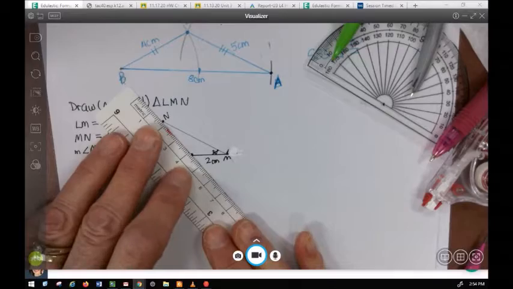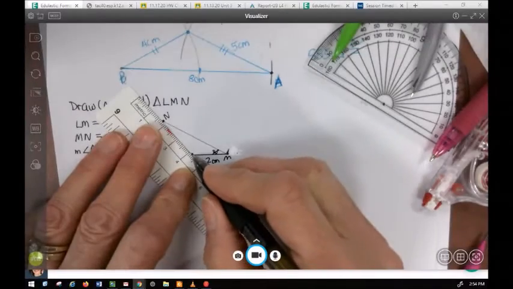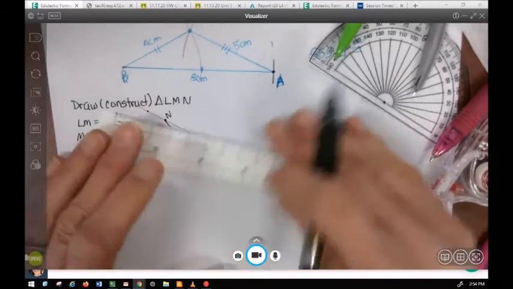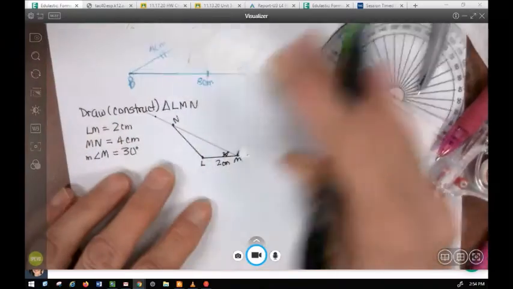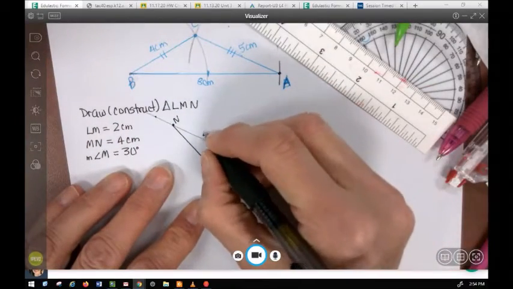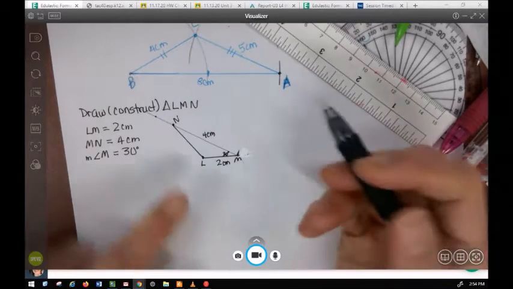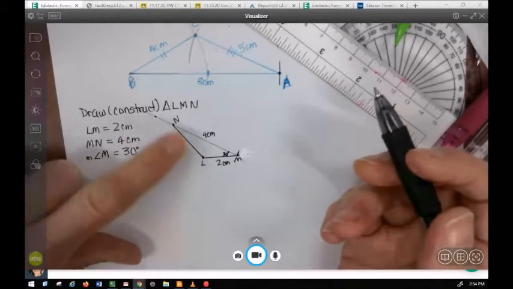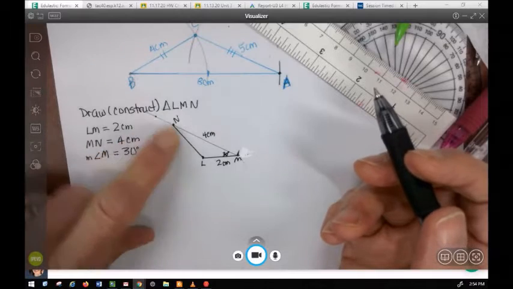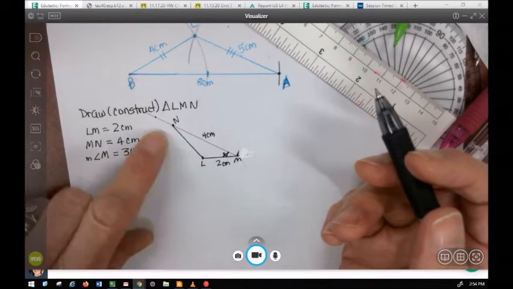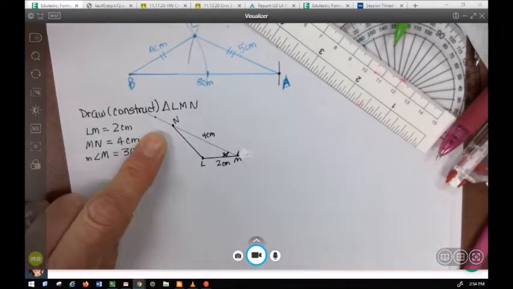And then when we connect these two vertices, that's the unique triangle that we would make. So we know that this is 4 centimeters. So if I ask you to measure angle L, measure angle N, and measure the length of LN, we did that when we did the activity in class.